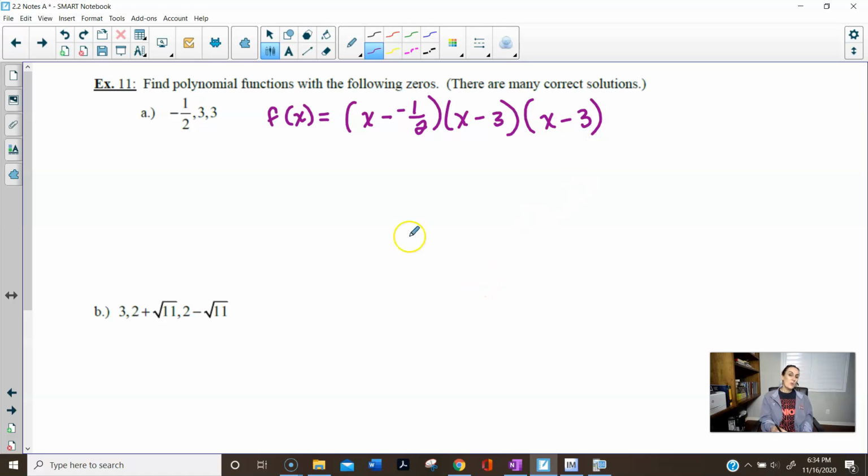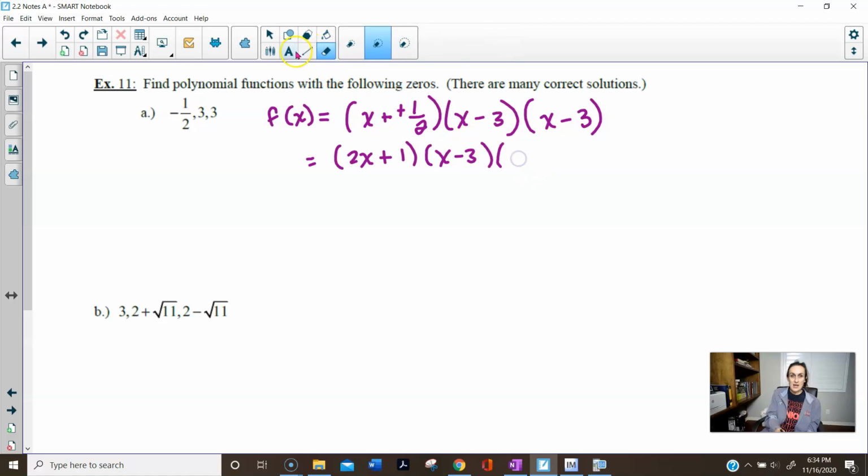And so when we multiply this all together, I am going to have a polynomial function that has those 3 zeros. So if you recall, it's always x subtract for the factor and then the 0. Now, this part I could write as 2x plus 1. And then I have x subtract 3 times x subtract 3.